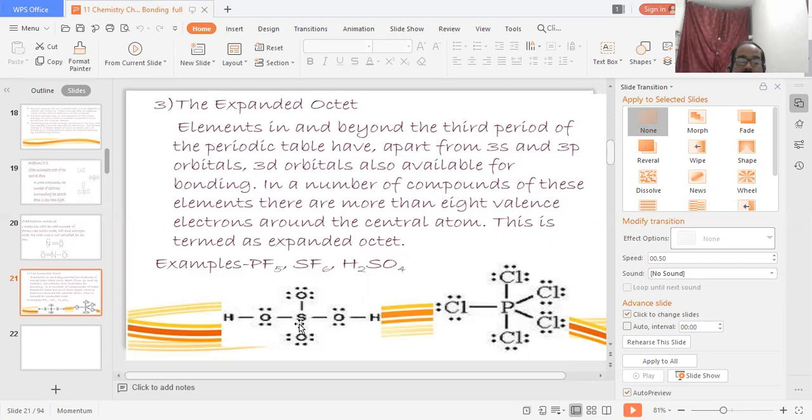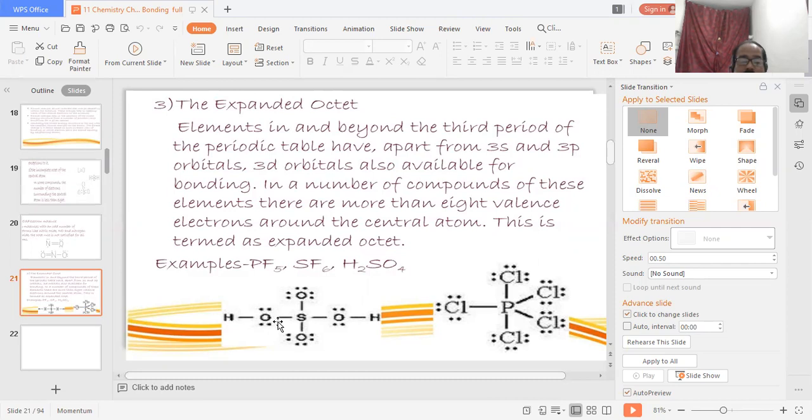Same as usual, here in H2SO4, S is the central atom, sulfur, and 4 oxygens are combined, and 2 of the oxygens are combined to hydrogen atoms. The valence electron of oxygen is 6, hydrogen 1, and sulfur is also 6. So in this case, hydrogen participates 1 and oxygen 2.